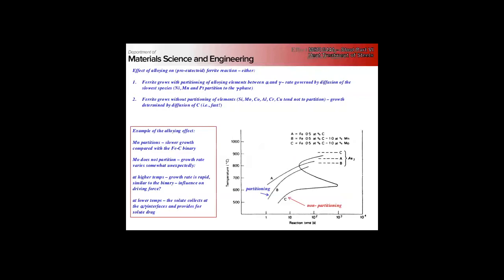But the diffusion of the interstitial species is so fast that it takes over. And this basically shows the reaction time, so we see our partitioning elements.